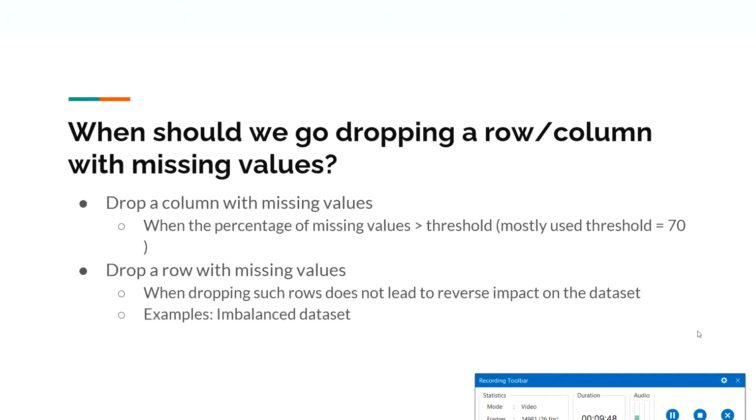So, what will happen in this case if you drop these 4 rows where you have a class value of 0? We have a total of 5 rows with class value 0, and out of that if you are dropping 4, what will happen? You are kind of making this a monoclass problem, right? Because your data set was already imbalanced. On top of that, you are removing one class almost totally.